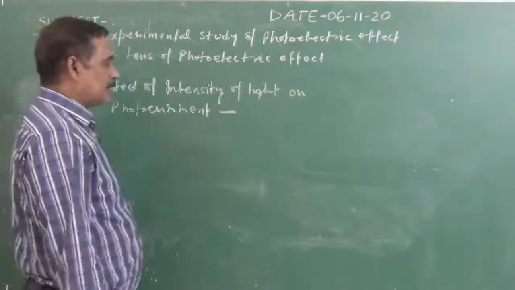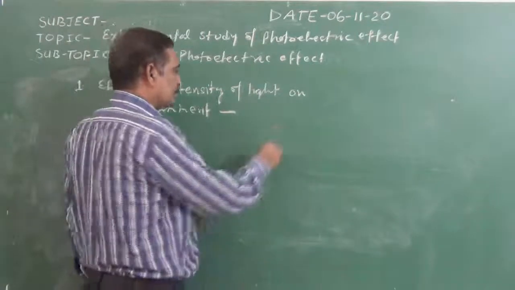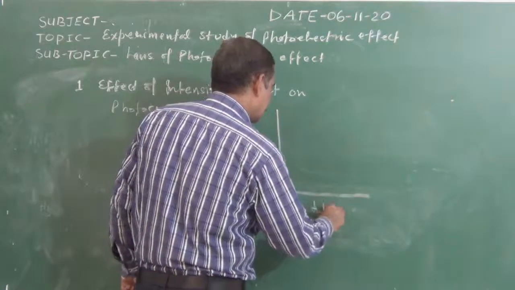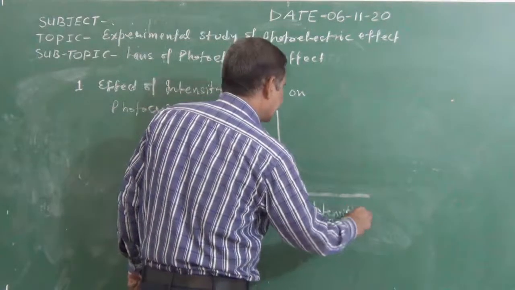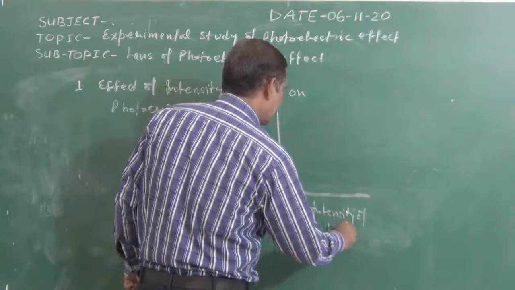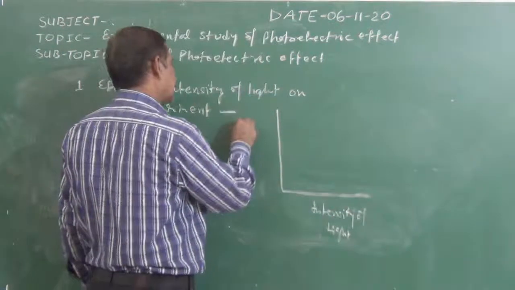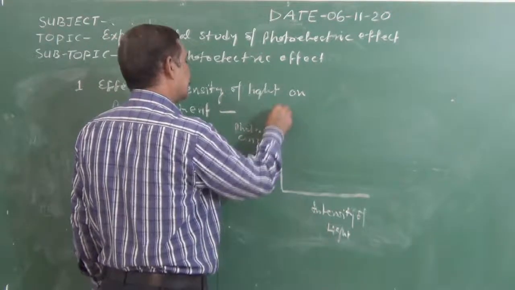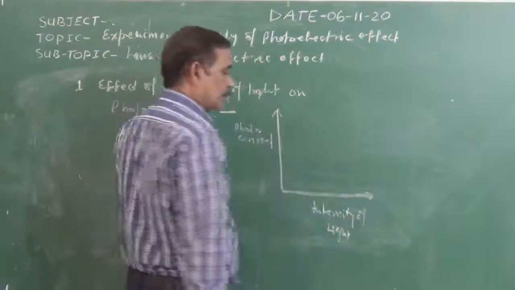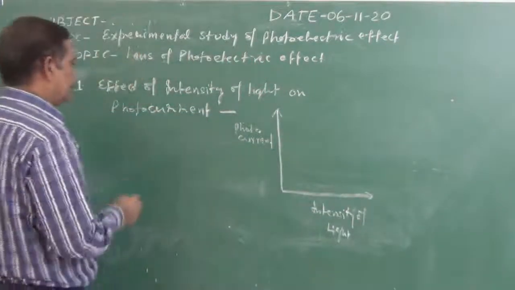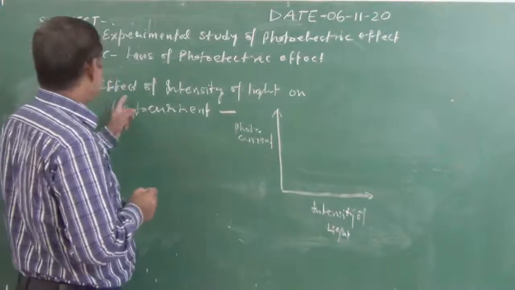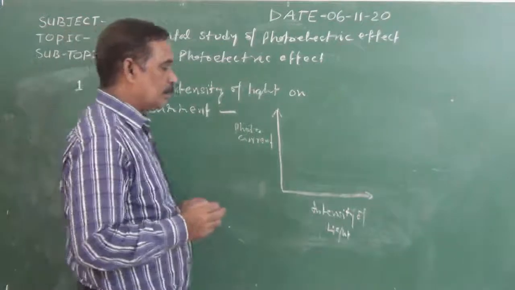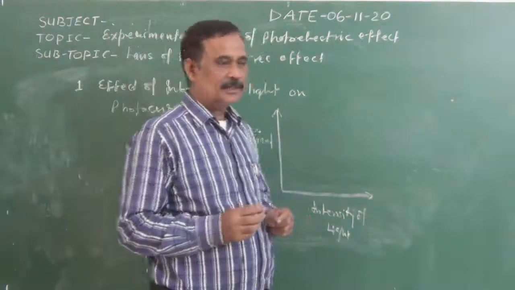If we plot the graph between photocurrent and intensity of light, this is intensity of light, this is photocurrent. So the effect of intensity of light on photocurrent: photocurrent varies linearly with intensity of light.